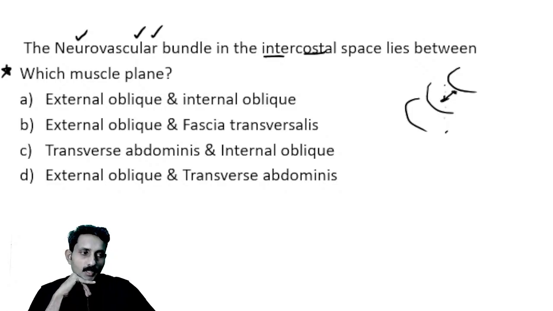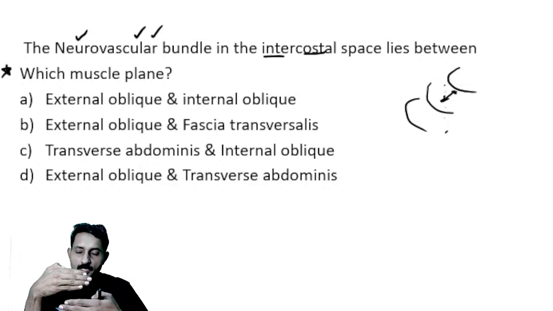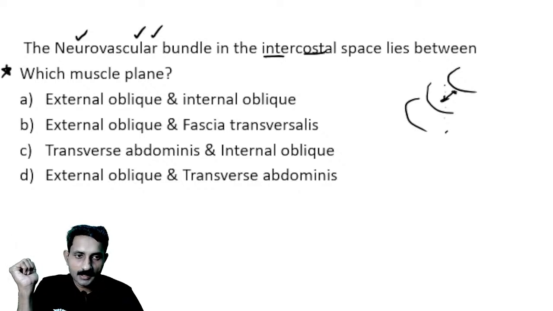Now, what is neurovascular bundle? Between the two ribs, we got a space that's called intercostal space. What will be there in the intercostal space?